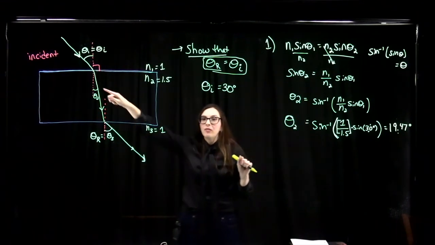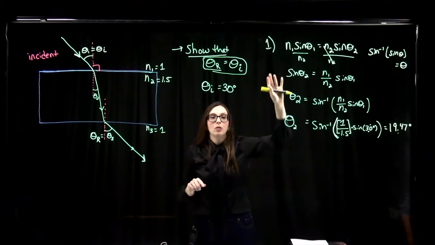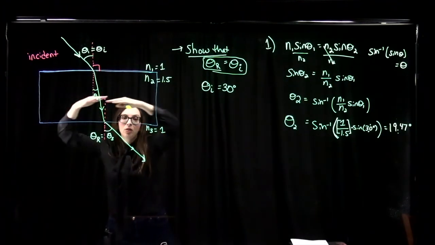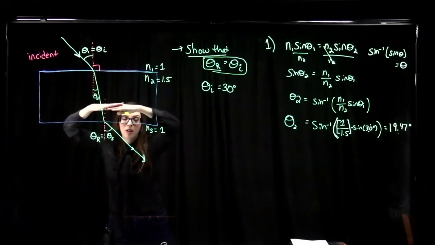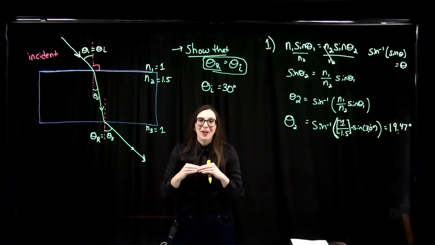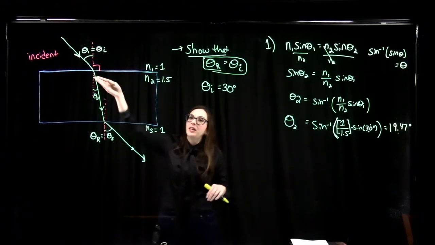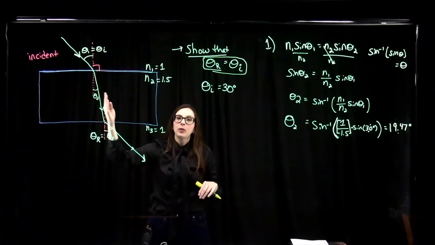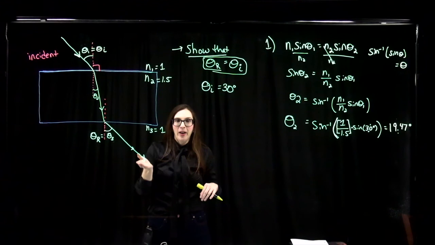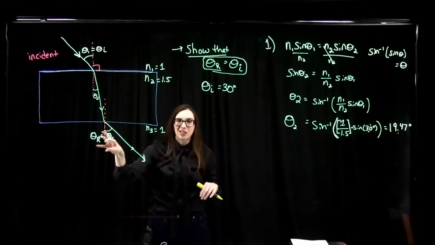Okay, so we've got this. Just this one interface using Snell's law is one kind of workbook problem for you. Now we're going to keep on going. We have this angle of refraction, and we have to use that to figure out something about the final angle of refraction when it exits the material.